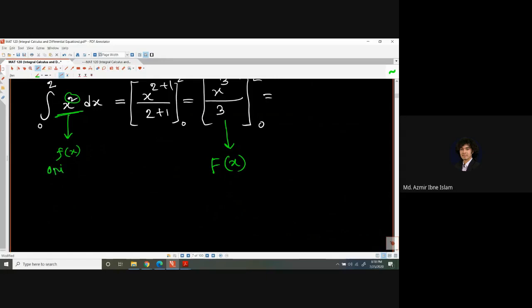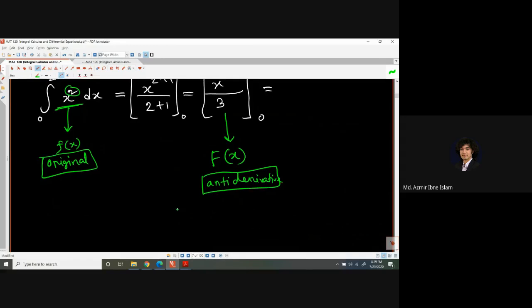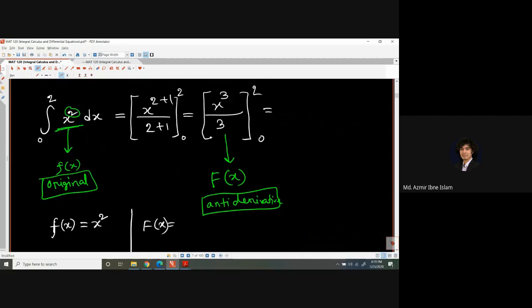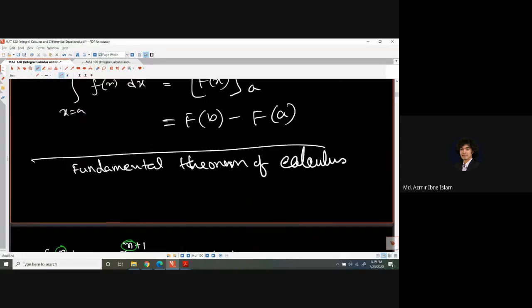This is called the original function, the antiderivative. Now let's check the relation, but first I'm collecting the information. Here small f(x) is equal to x squared, and capital F(x) is x cube over 3. Let's get back to the fundamental theorem of calculus.